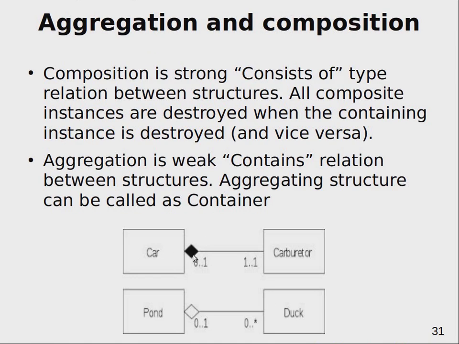And then you can add so-called diamonds, which can be colored or uncolored. Colored means that it is a so-called strong relation, or composition. This means if you have some object of car, it has to have a related object from the carburetor class, and their association should be that if there is an object of car class, it should always have only one object related from this carburetor class.